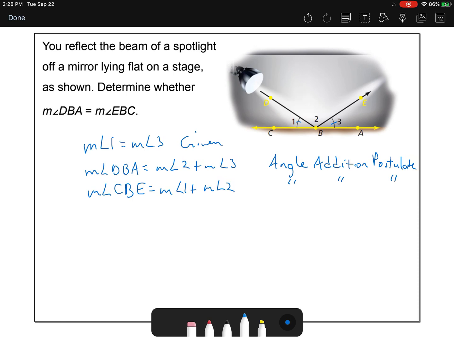That means then that angle 2 is the same in both, correct? And also we know that 1 is equal to 3. So what if I substitute that in there and rewrite this DBA as the measure of angle 2 plus the measure of angle 1 by substitution?